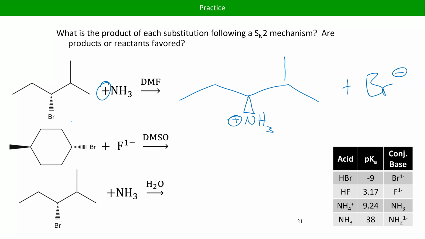It's a much weaker base, which also means a much weaker nucleophile. So even though we made 2 things that are charged, the fact that bromide is such a good leaving group and such a weak nucleophile compared to ammonia. How did you figure that out from the chart again? These numbers, remember, more negative on the pKa means a weaker nucleophile.